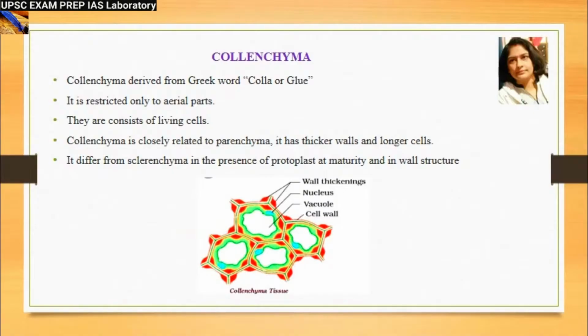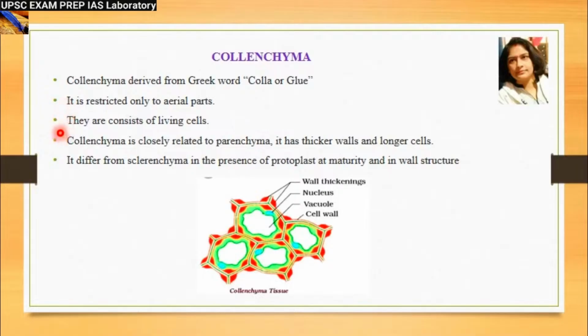Collenchyma is derived from the Greek word colla, or glue. It is restricted only to aerial parts. It is rarely found in roots and absent in monocots. They develop in roots when they are exposed to light.